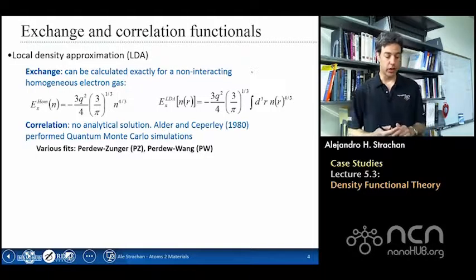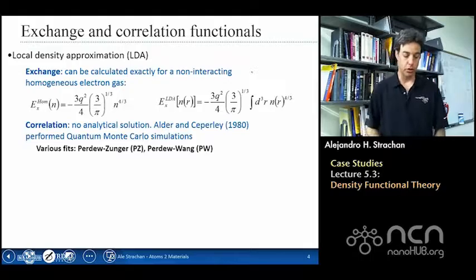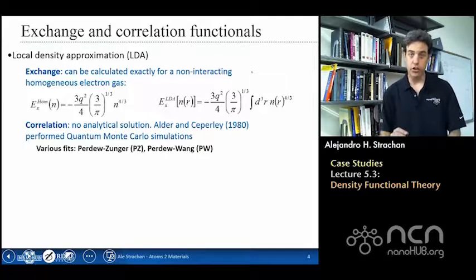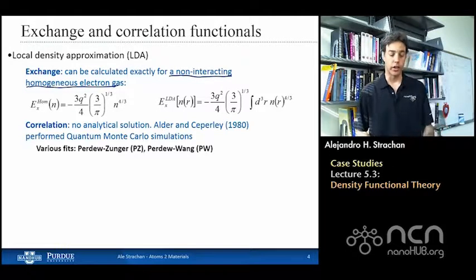The way this is constructed is you break up the exchange and correlation into two terms. For the exchange term, there's an exact equation for non-interacting. If I have a homogeneous non-interacting electron gas, there's an analytical solution.